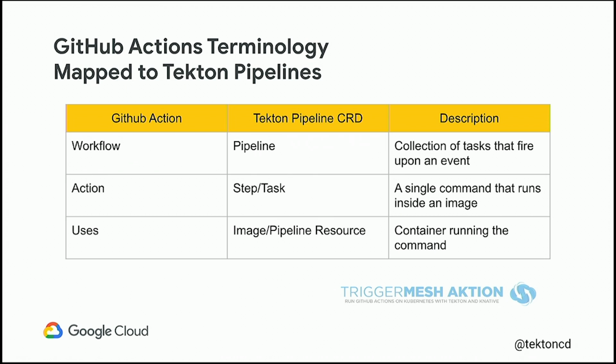And I do call out one of the other components within the GitHub action, which is called uses. This is more of being able to define the image that you want to run within your Tecton pipeline task, whereas the Tecton pipeline tasks expect a particular image.